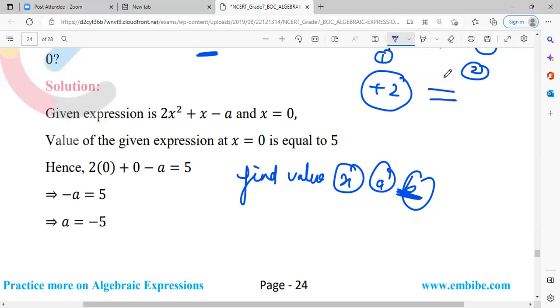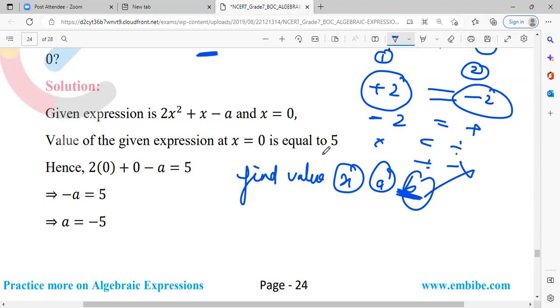Right now you are sitting at your home and you have to attend a function, so you will change yourself, wear new clothes. Similarly, if a number is plus, it will become minus here. If the number is minus, it will become plus. Multiply becomes divide, and divide becomes multiply.